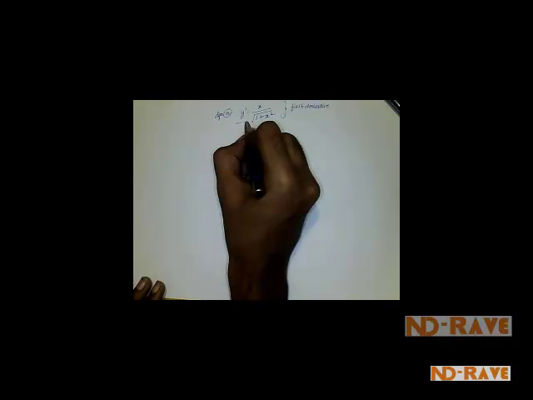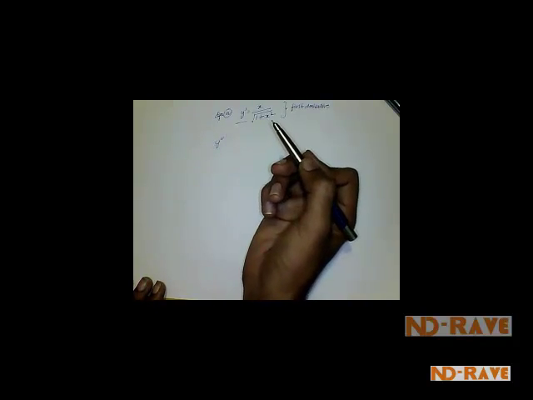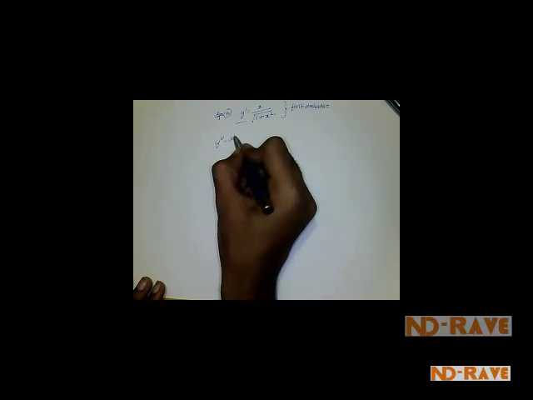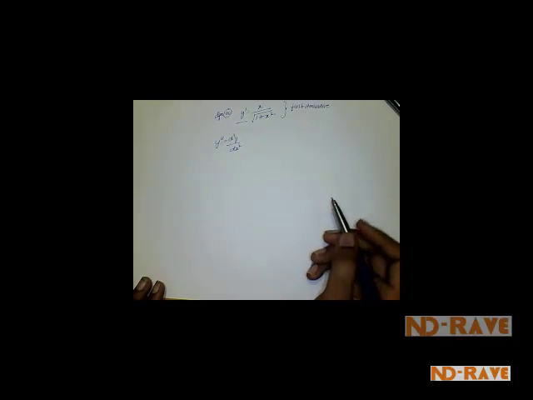But the question is to find the second derivative. So here I have referred to the first derivative as y dash. So the second derivative is y double dash, as simple as that. Instead of writing d square y by dx square, this can be referred to as y double dash.